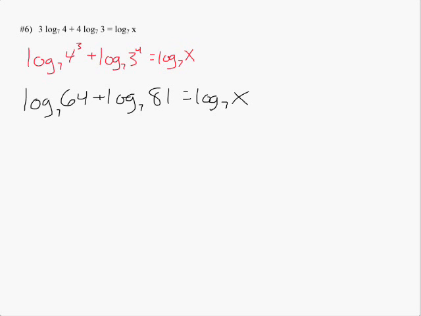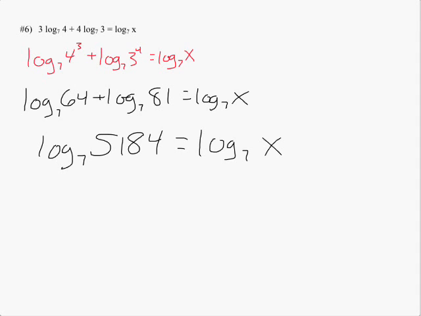Now we're going back to the product property. When you're adding two logarithms that have the same base, in this case they have 7 as their base, you are allowed to multiply the arguments. So we can write this as log base 7 of 64 times 81, which is 5,184. I did use the calculator for that. Then it takes us back to the property of equality.